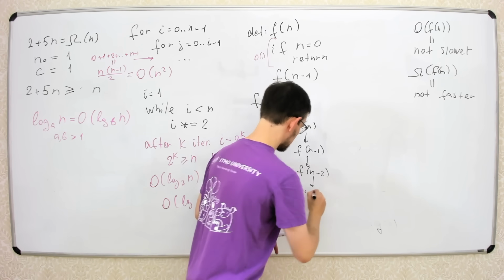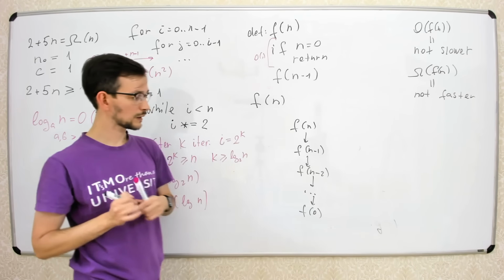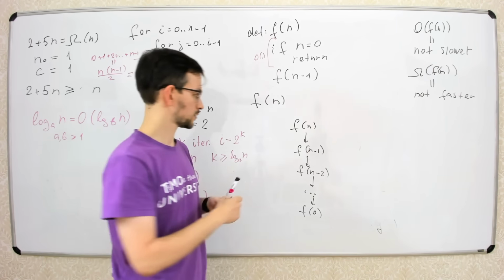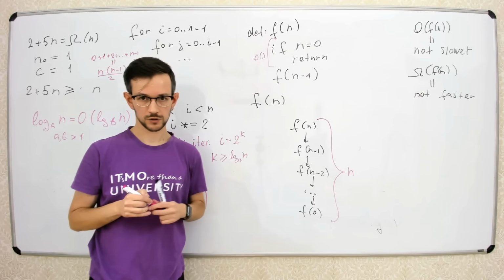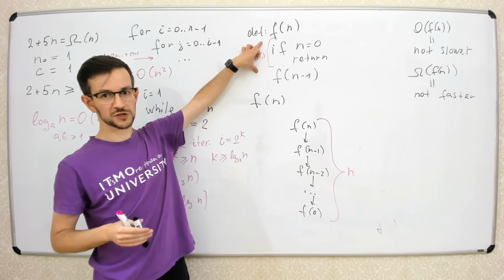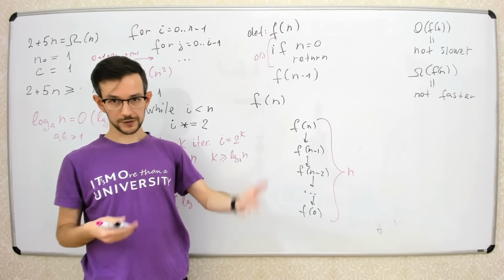And so on, until we call f of 0. So the total number of recursive calls will be n. And each recursive call costs you a constant number of operations. So the total number of operations will be linear.